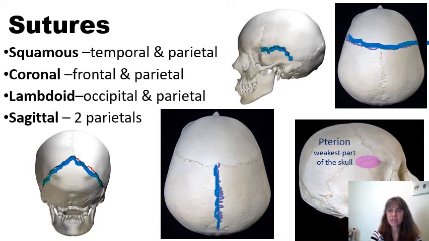Notice that where the parietal bones, temporal bone, and frontal bone meet, this juncture on the skull is referred to as the pterion, and the pterion is the weakest part of the skull.